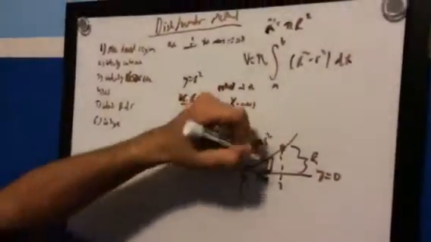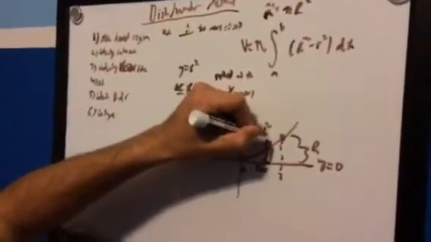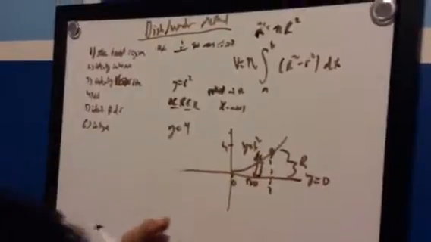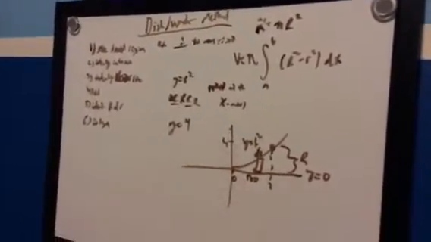So now we know that this is going to be dx, because it's a change in the x value, and our limits are 0 and 2, which were given to us.